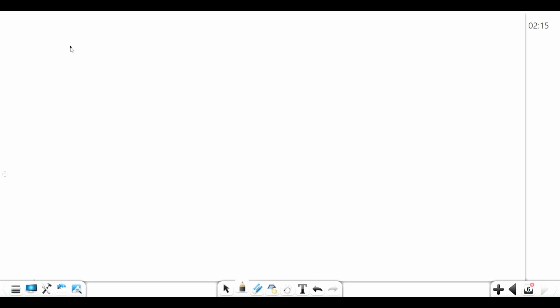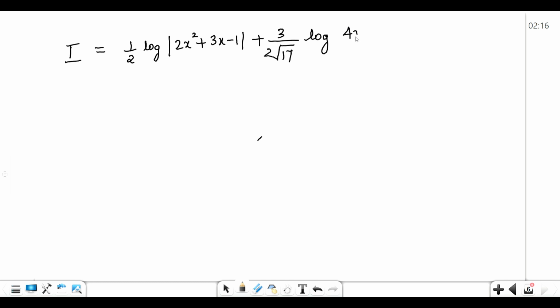I will be equal to 1 upon 2 log (2x square plus 3x minus 1) plus 3 upon 2 square root of 17, then log (4x plus 3 minus root of 17) upon (4x plus 3 plus root of 17).